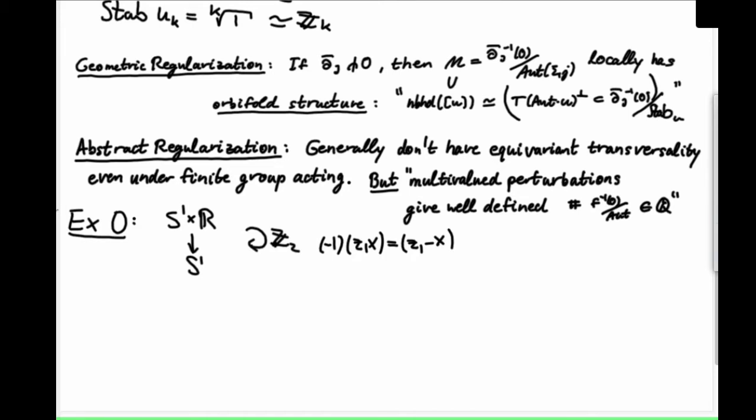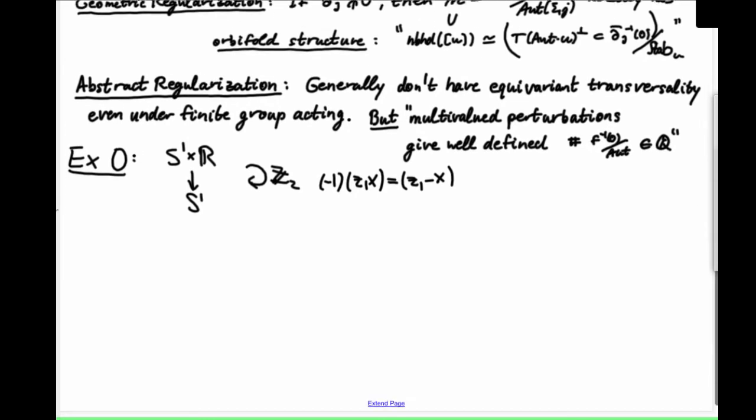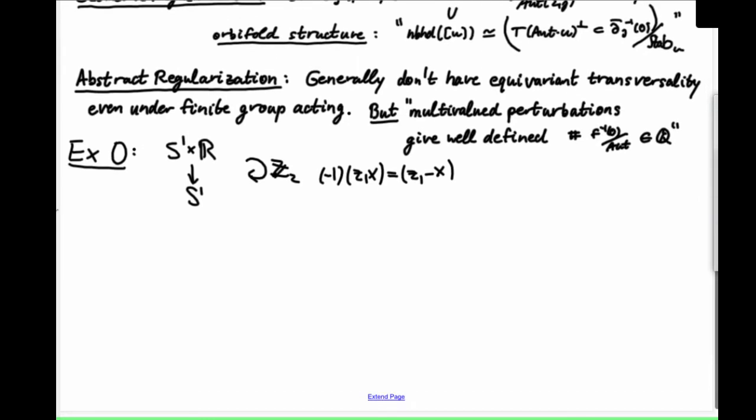Well, if I now wanted any equivariant section of this, the defining equation for equivariance reads that f of z is equal to minus f of z.